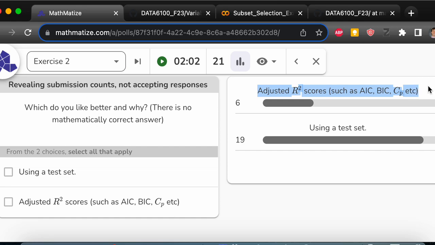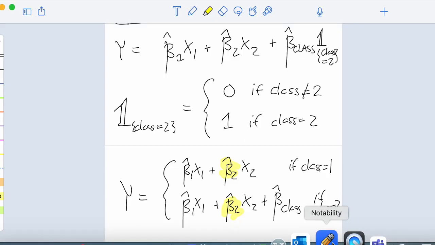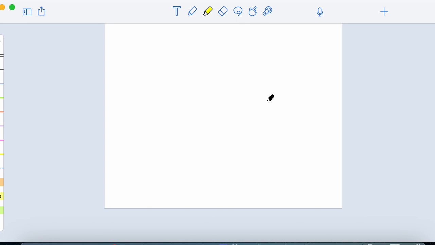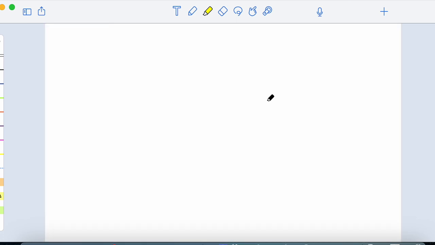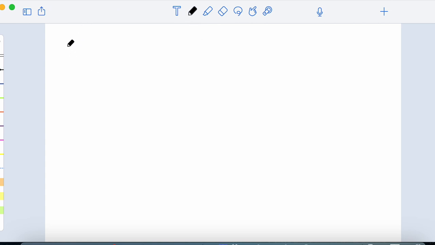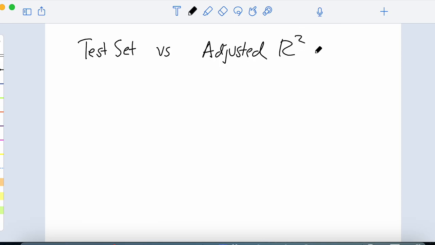Okay, so we just said one pro or one con of these. Let's write that down so we can remember it for next time. So let's say test set versus adjusted R squared, and they both do the same thing. They both help you evaluate your models.